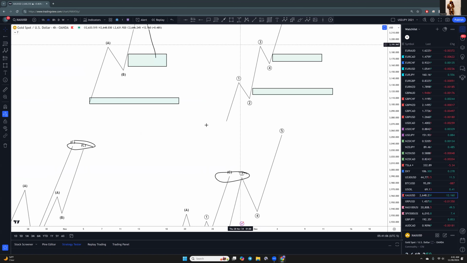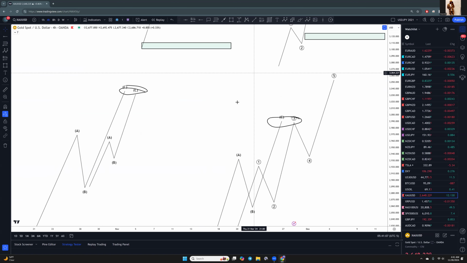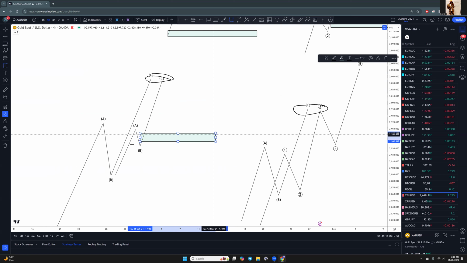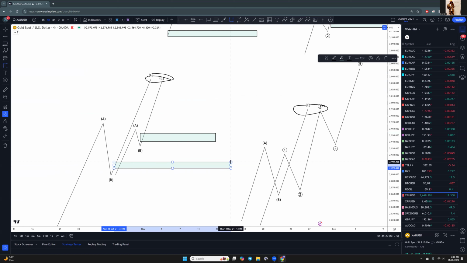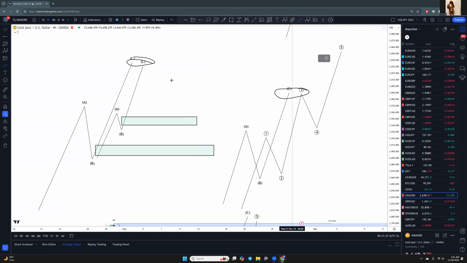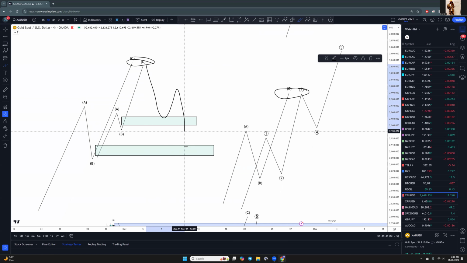Okay, so now that we have the target points established, we know that TP1 is going to be B for ABCs, right? So you have your first B right here, but we also have 2 Bs. In both of these structures, this is going to be TP1 for both structures. So they both will get hit, okay? So of course, this one's going to get hit first, and you might see a reaction off of this just for it to continue down and finish up and hit the final structure, okay?